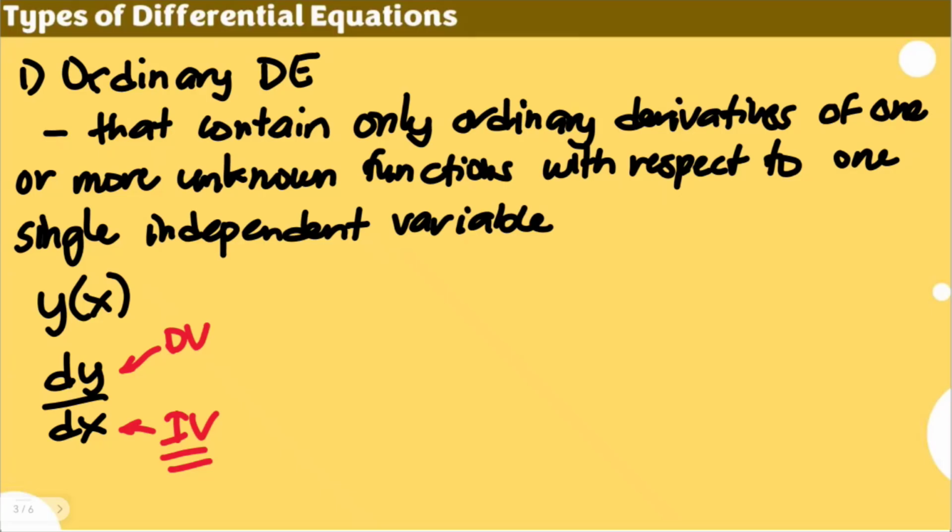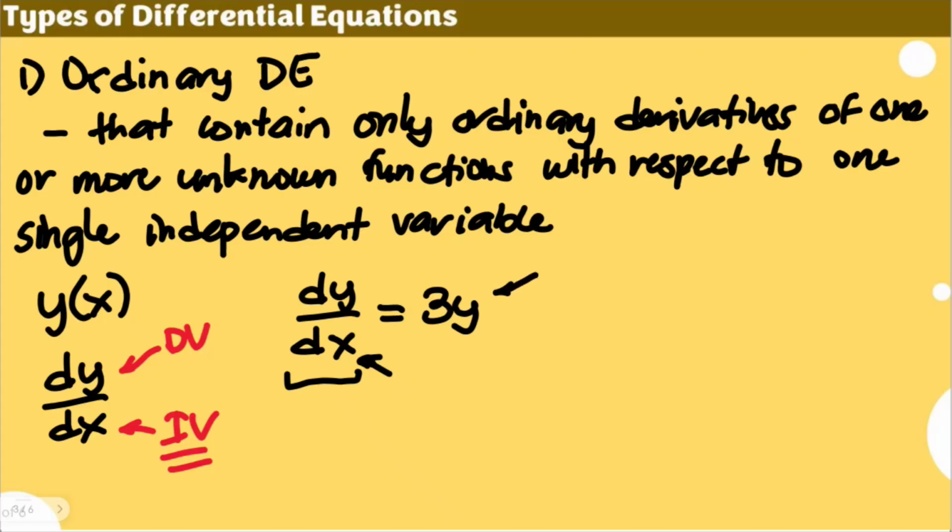One example I'm going to provide here is, say, the first order derivative of y with respect to x is equal to 3y. This is an example of an ordinary differential equation because it contains an ordinary derivative with respect to one variable x. We only have a single independent variable there, and y is our unknown function.